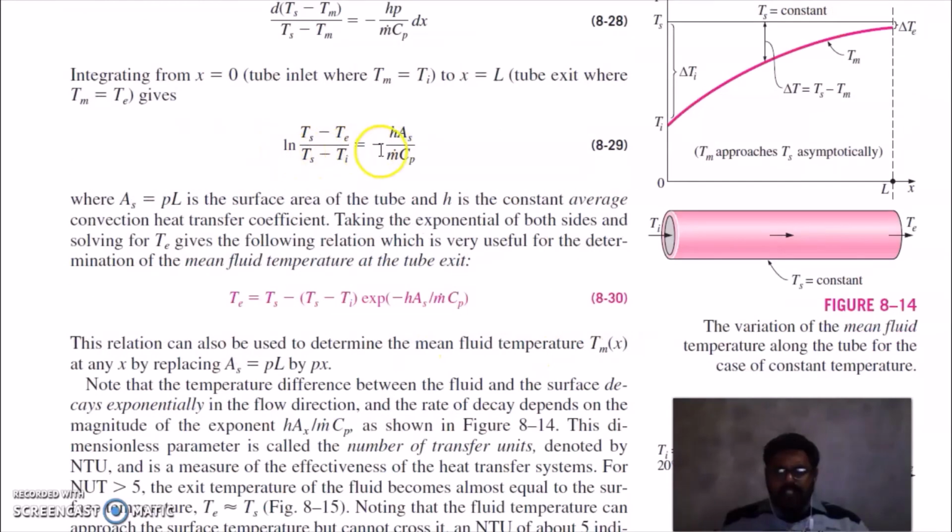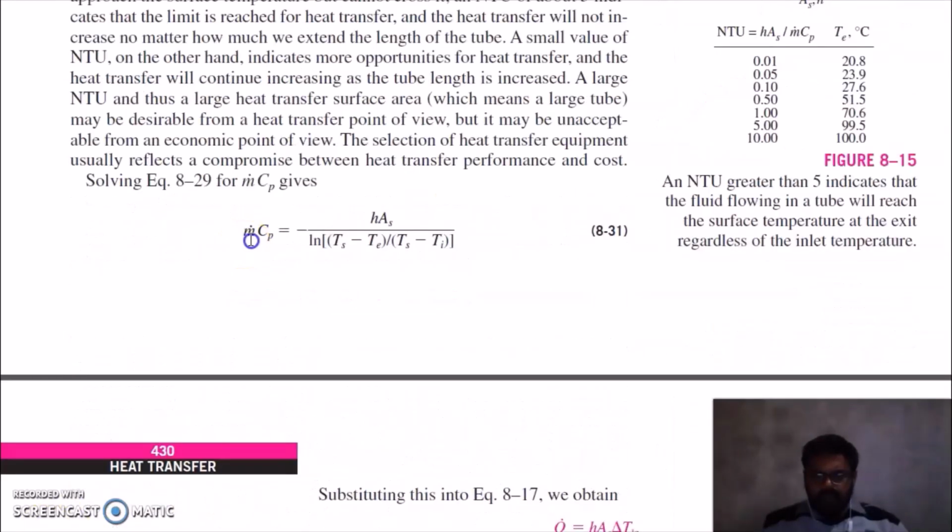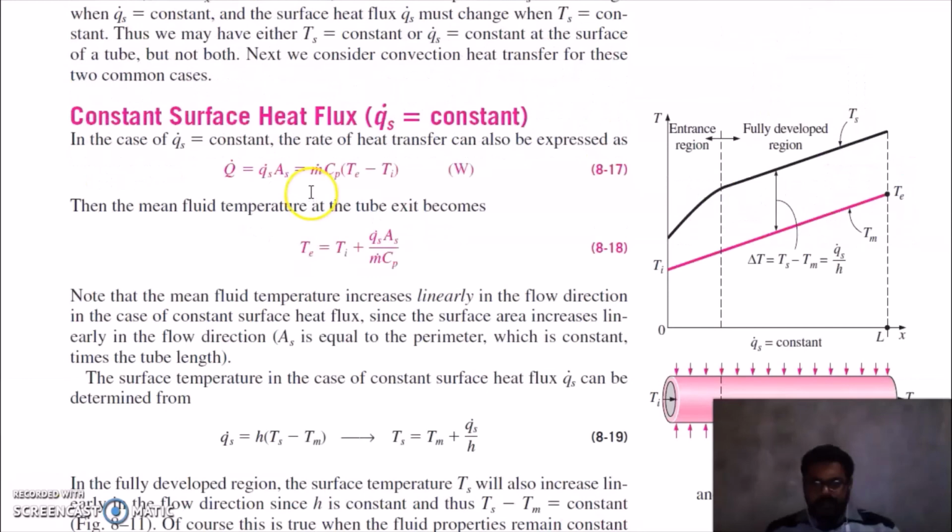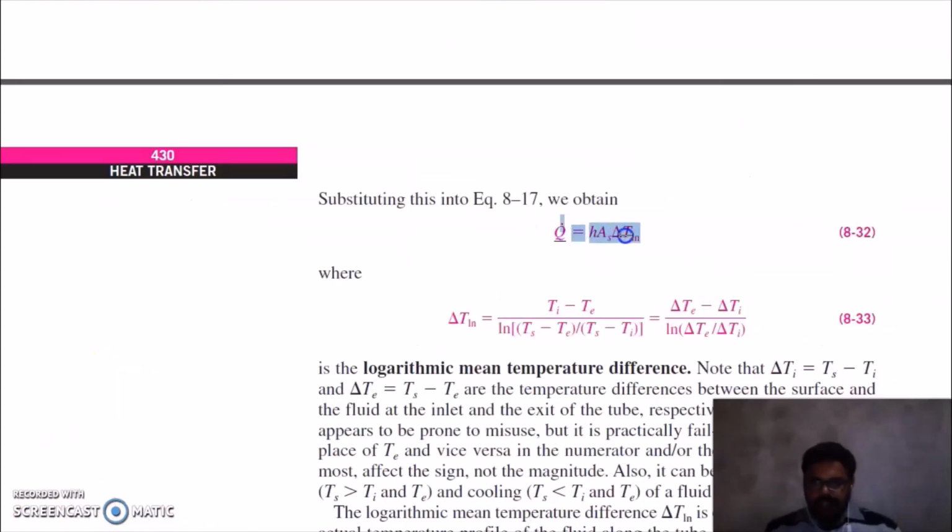You can rearrange this equation for m Cp. You will get this equation: m Cp is equal to h As by log of this. Also take this equation and join this equation with the previous equation. You will get this new equation, which is this. Now in this equation, del Tln is called logarithmic mean temperature difference, which is equal to this.